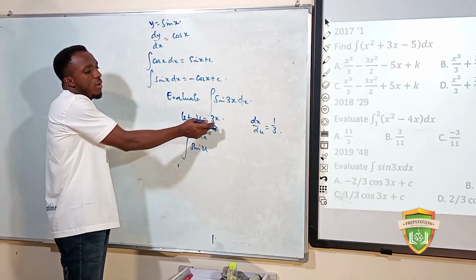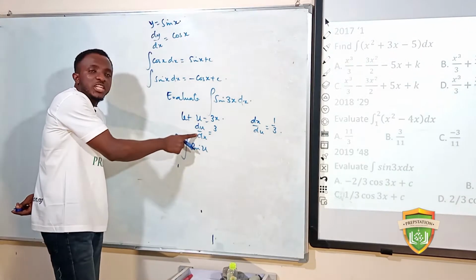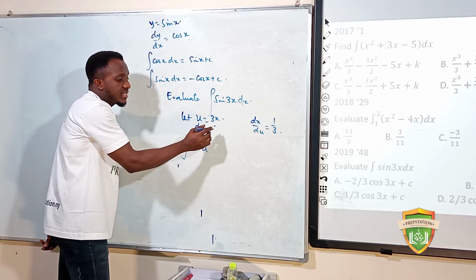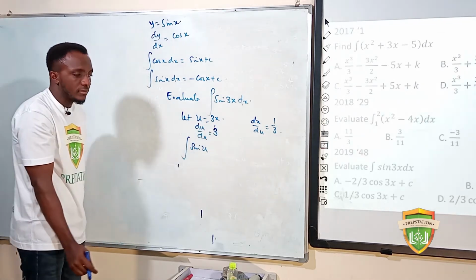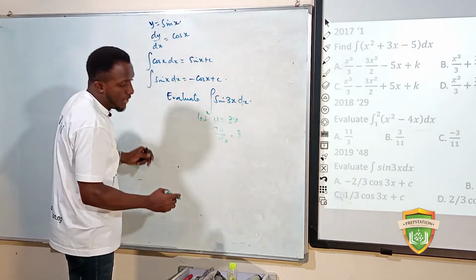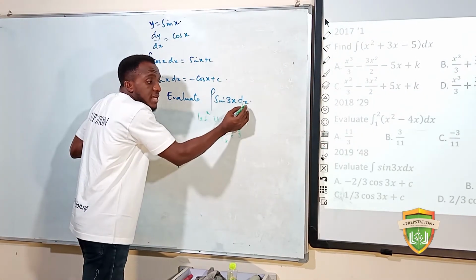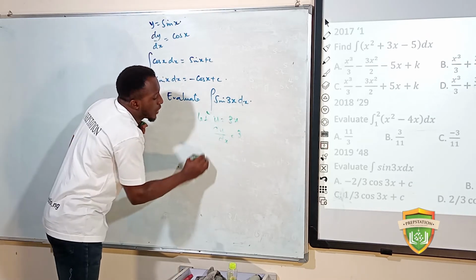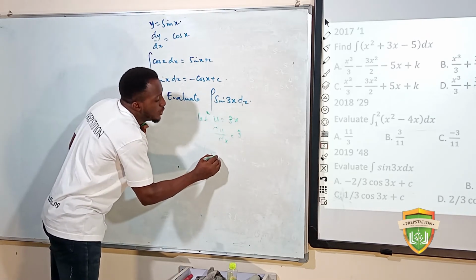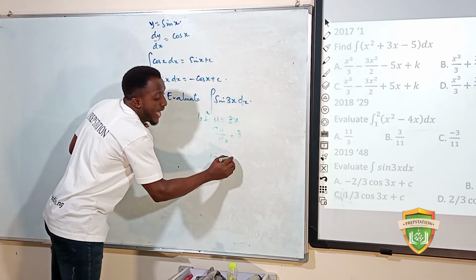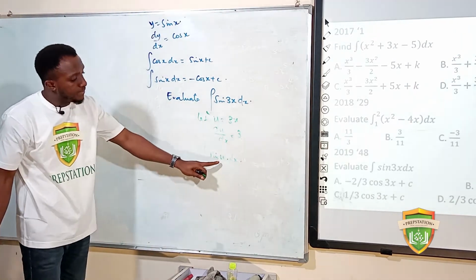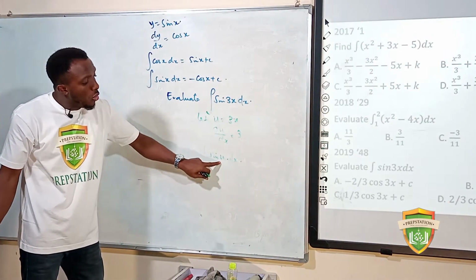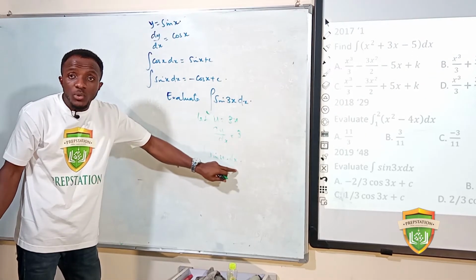So let u be 3x. If we differentiate u with respect to x, we're going to get 3. So du/dx is equal to 3. Now we have the dx here. What this means is that this integral becomes sine u times dx. But look at this. There is no x here, so we cannot integrate sine u with respect to x.